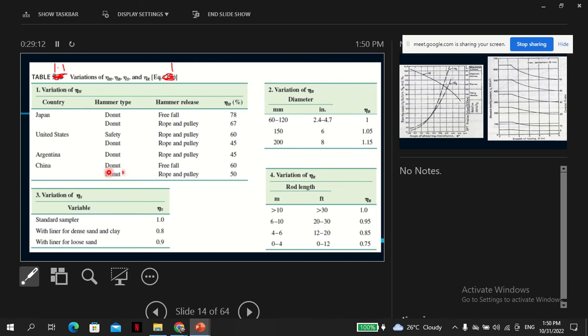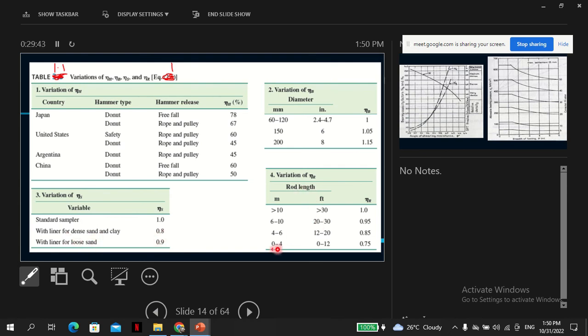Then the sampler: standard means there is no sampler, so you use 1. When you attach a liner, you reduce a little to 0.8. For a liner in dense sand and clay, you use 0.8, and for loose, you use 0.9.